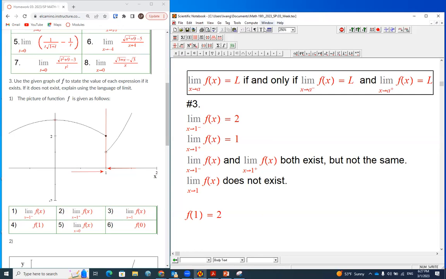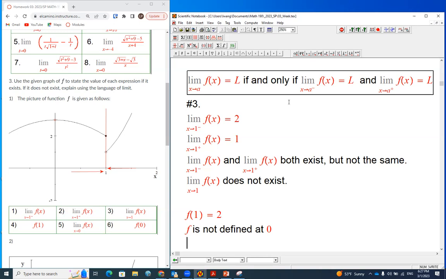Well, in this case, f is not defined at 0 because there's just a red circle right there, so we don't write f of 0.